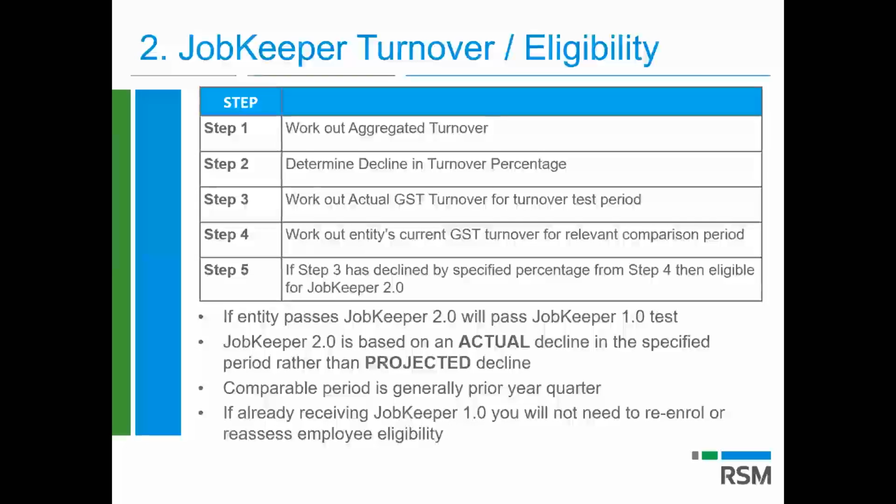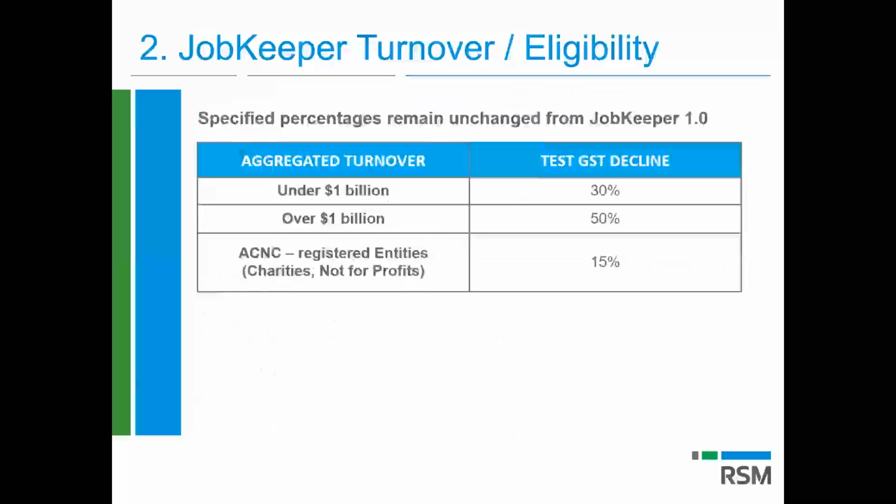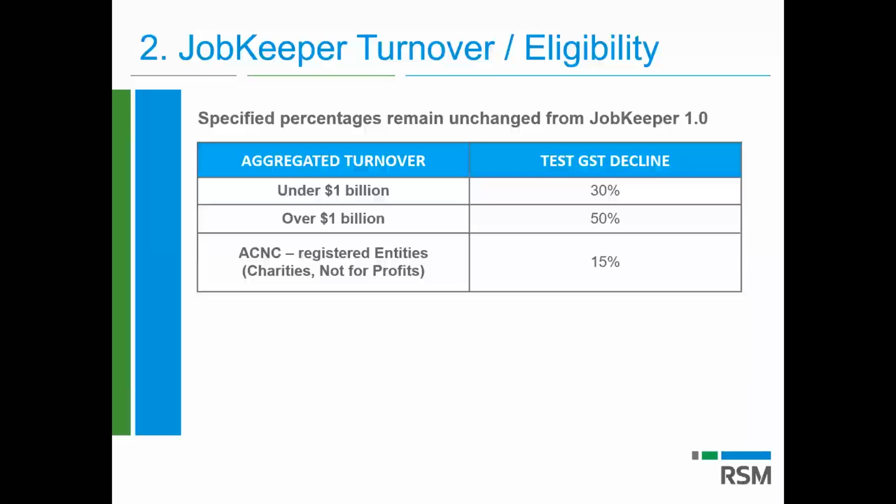So let's have a look at the actual decline in turnover test in some more detail. Firstly, the decline in turnover. These thresholds have not changed from JobKeeper 1. So if your entity is an ACNC registered entity, your required decline in turnover is 15%.